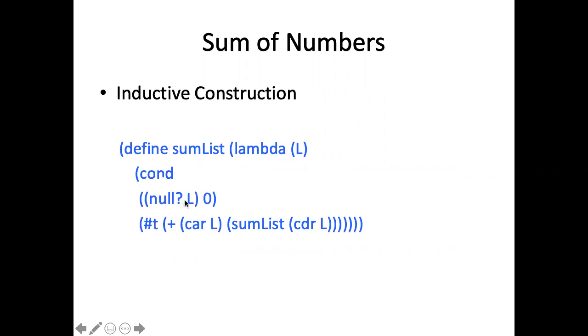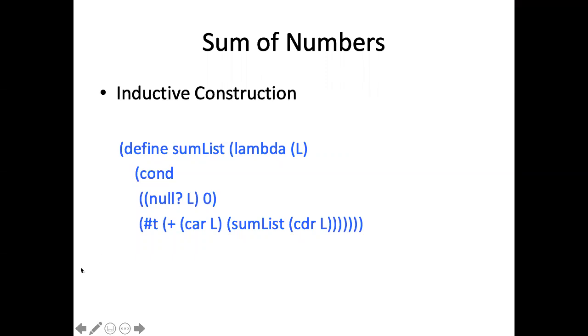So now the base case is when we have an empty list, in which case null will return true. And in that case, the sum of an empty list is 0. So I'm assuming that if I'm given an empty list, the sum is 0.